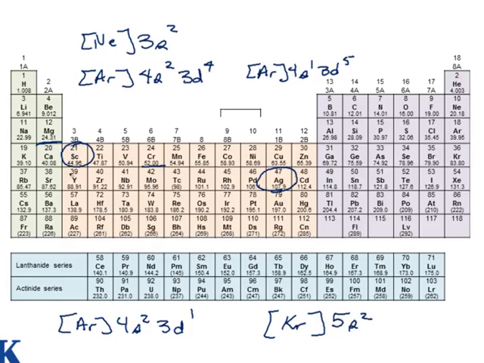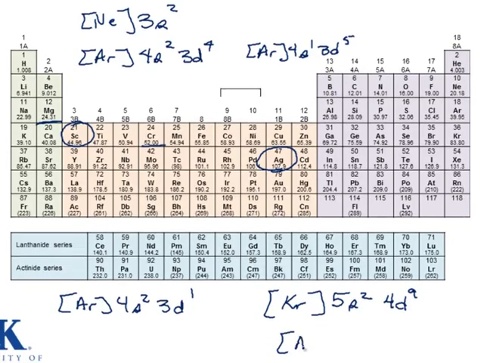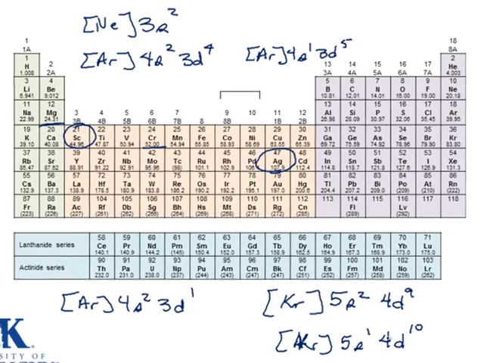And then we enter this area, and that's 4d, and we count over and it gets us 9. So 4d9. Again, if we're 1 away from filling it up, which is 10, we would promote up. So instead of being that, it's krypton 5s1 4d10.